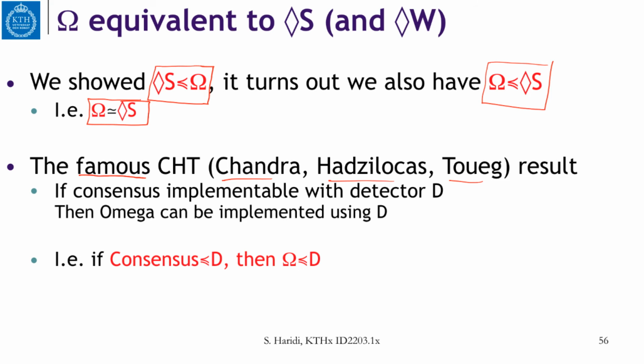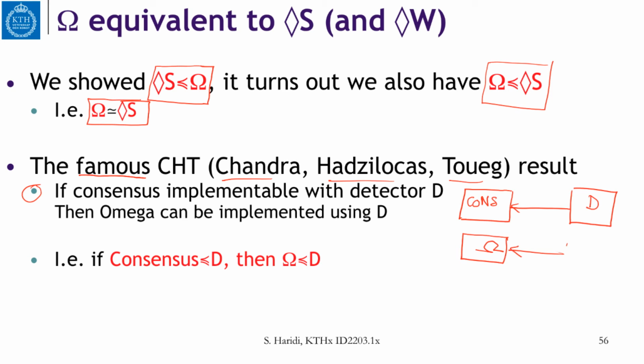The result says the following: if consensus is implementable with a failure detector D, then omega can be implemented using D.